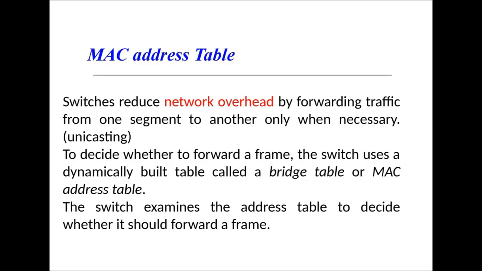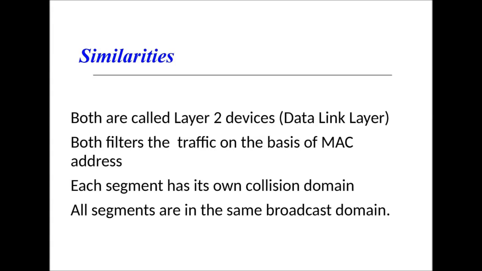So the switch is a controlling authority, but how will the switch forward the frame? Definitely there must be some mechanism, some address, some identification. That mechanism, address, identification is called the MAC address, and the switch keeps the MAC addresses of all its connected PCs in the MAC address table.